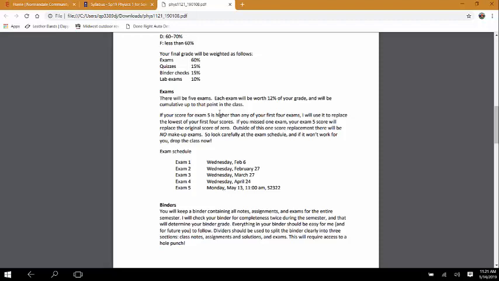And so that system is also my system for makeup exams. So if you know ahead of time that you have to miss an exam and you have a good reason for it, I'd be happy to give you a makeup exam. But if you just miss an exam without talking to me beforehand, then say you miss exam 3, then for the rest of the class on D2L, it says that your grade for exam 3 is 0.